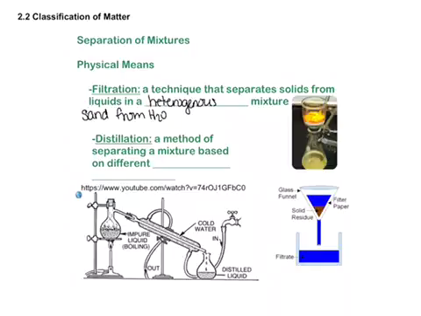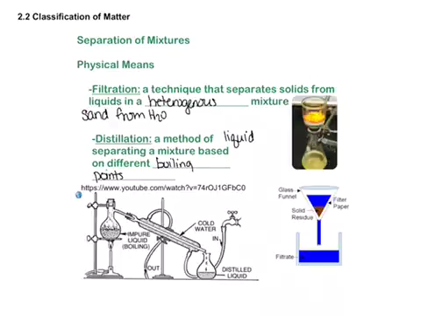Distillation is a method of separating a mixture based on different boiling points. So distillation can only be used with mixtures of the liquid state.